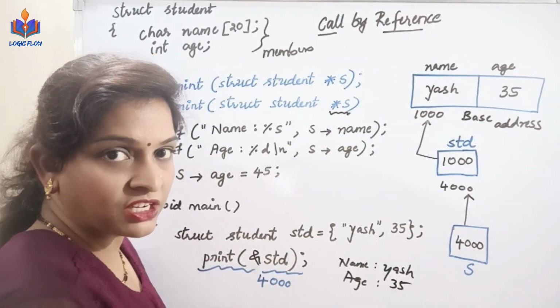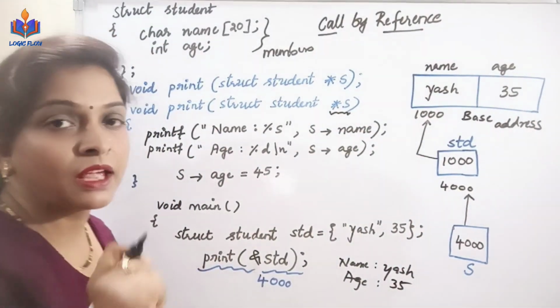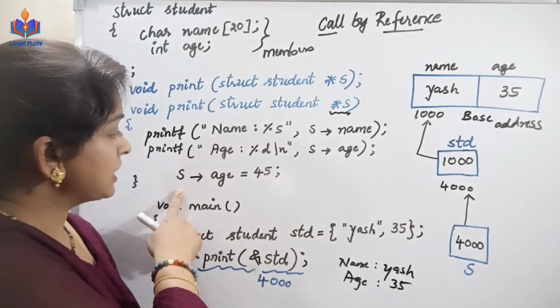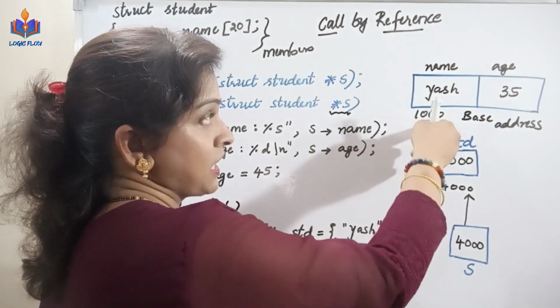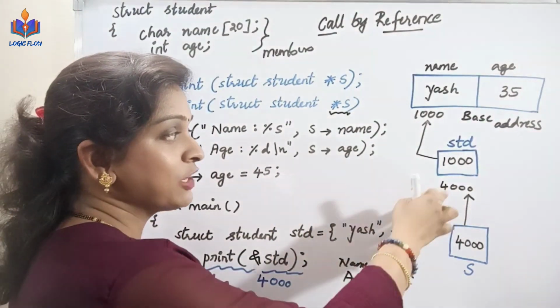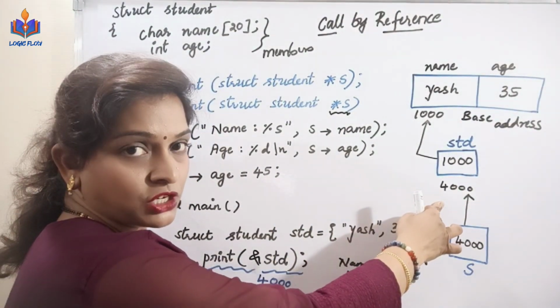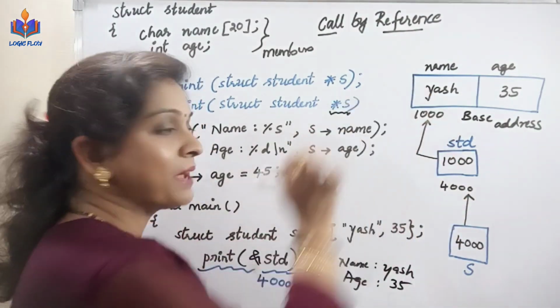Pointer is receiving an address, which means I am pointing to the same location. Then what I'll do? I'll say yes arrow mark age, and I say 45. So yes is pointing to the structure variable, and this structure variable is an internal pointer. It is pointing to the base address.